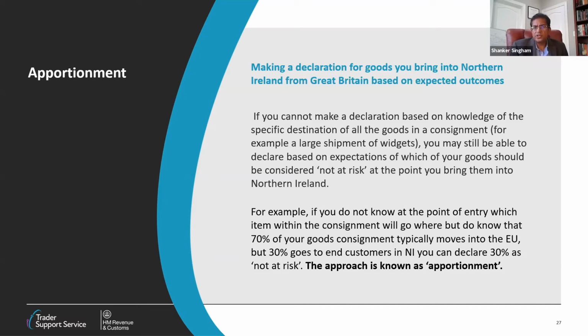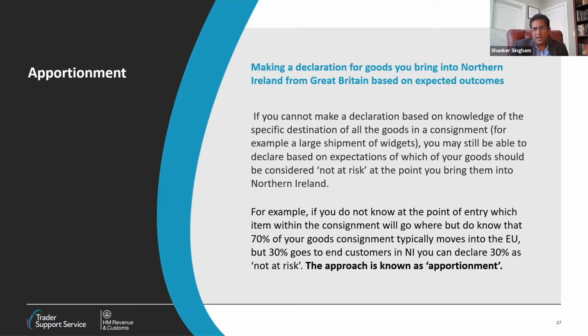So what is apportionment? Essentially, if you are trading some goods not at risk, you've got some goods in your consignments that are going GB to NI and they're not going to Ireland, but there are some other goods that are going to Ireland, you're able to apportion the percentage that stays in Northern Ireland, so you don't lose the benefit of not at risk simply because you have some goods that are going to Ireland.